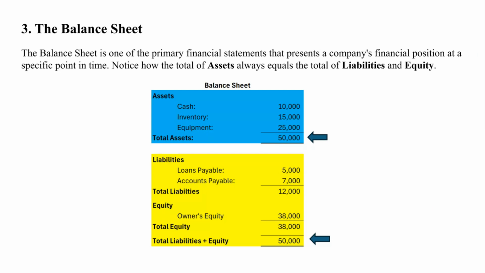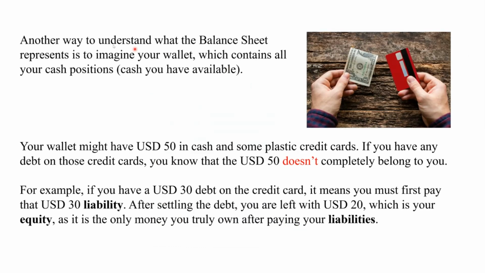So now, why am I bringing this up? Just for you to visualize the balance sheet and how it works. This is a very simple example: this is your wallet. In the wallet you have some cash and you have credit cards.